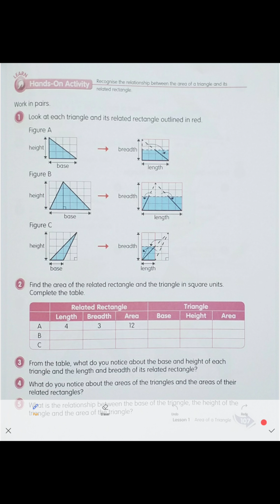The relationship is that the area of a triangle is, as we said, half, and then you multiply it by the base, multiply it by the height. All right, that is it.